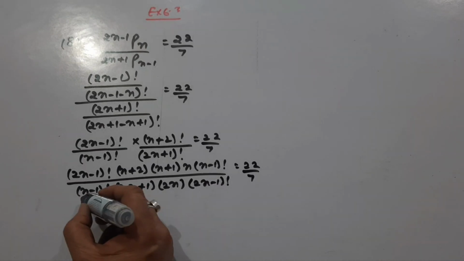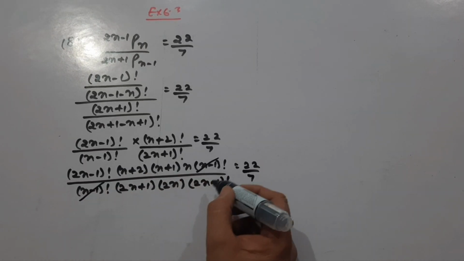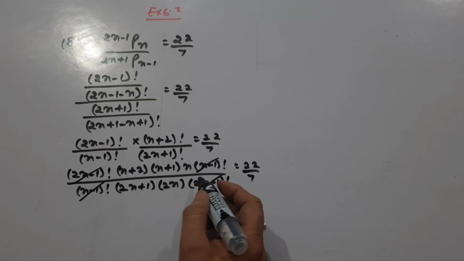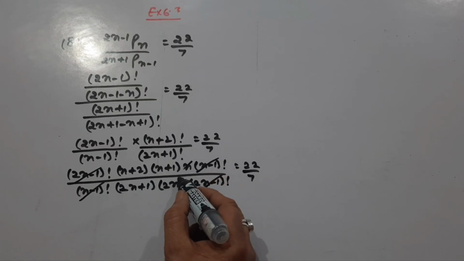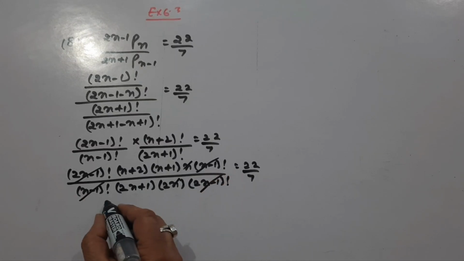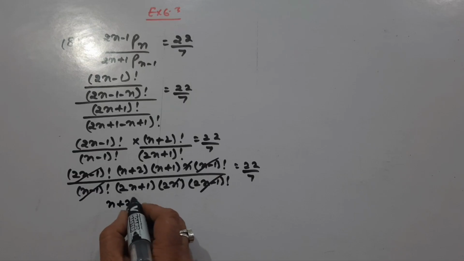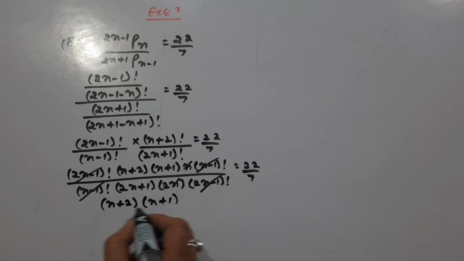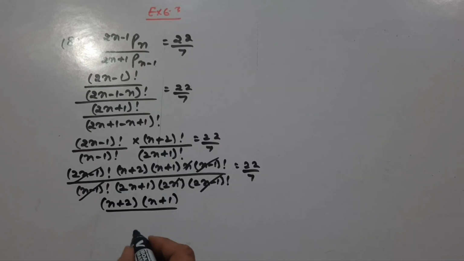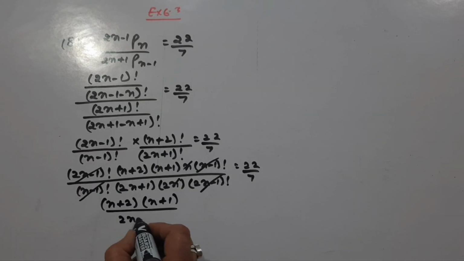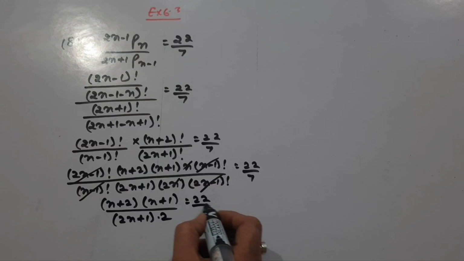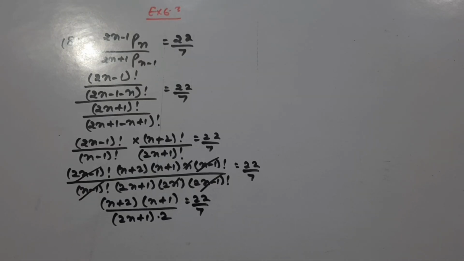Now cancelling n minus 1 with n minus 1, 2n minus 1 with 2n minus 1, then n with n. So we get n plus 2 into n plus 1 upon 2n plus 1 into 2 equal to 22 by 7.